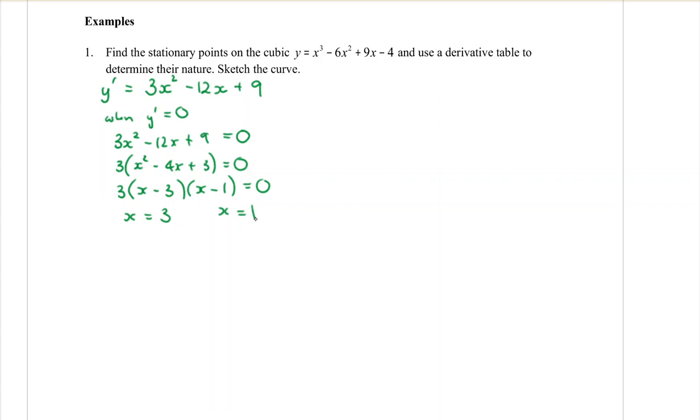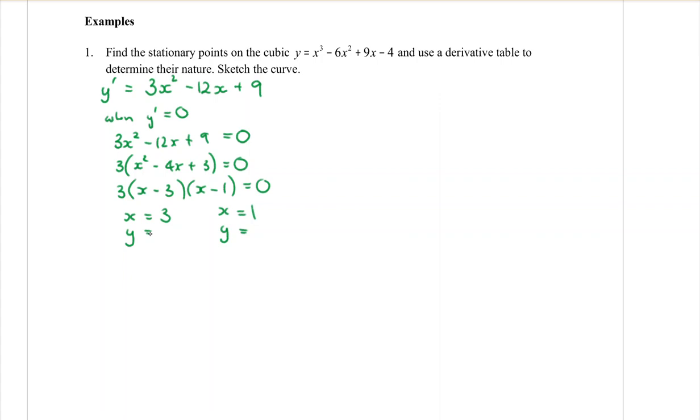Because we're after points, it's always good at this stage to find the y values that go along with those. So I want the y value for that, and I want the y value for that one as well. Remember to sub that into the starting equation, not your derivative. So subbing 3 into here, you're going to go 3 cubed minus 6 times 3 squared plus 9 times 3 minus 4, and you get?